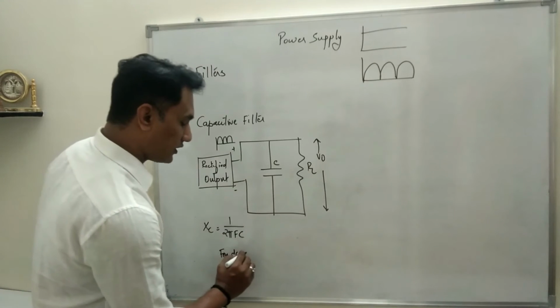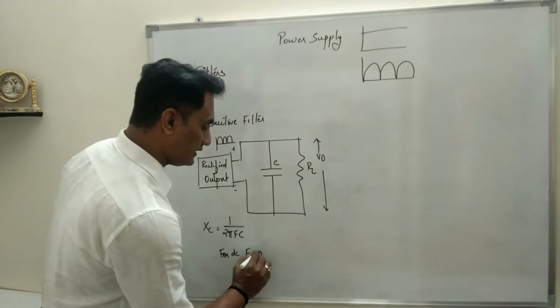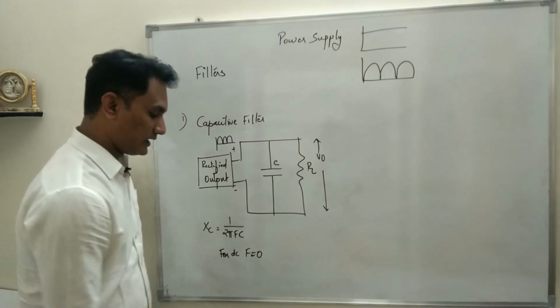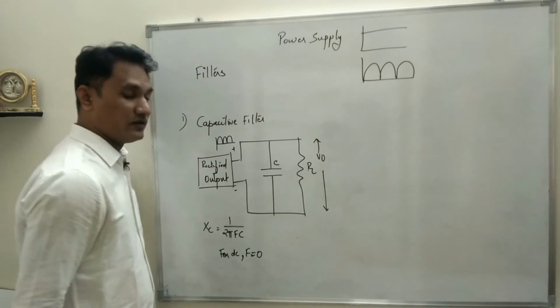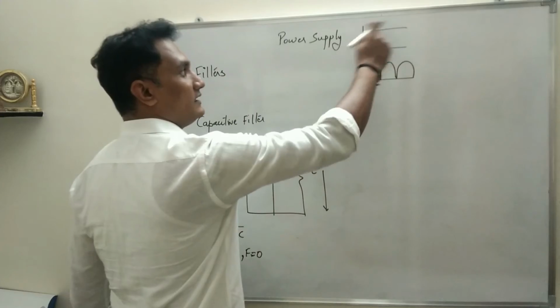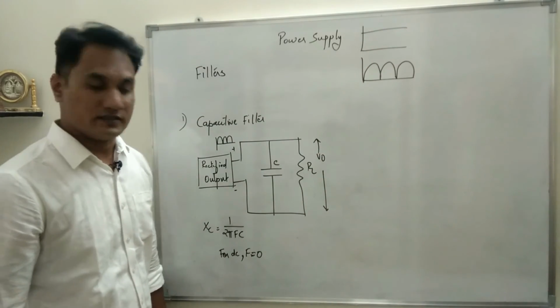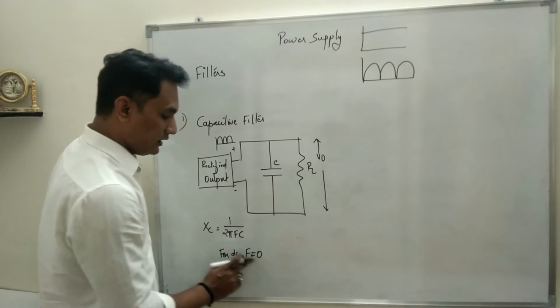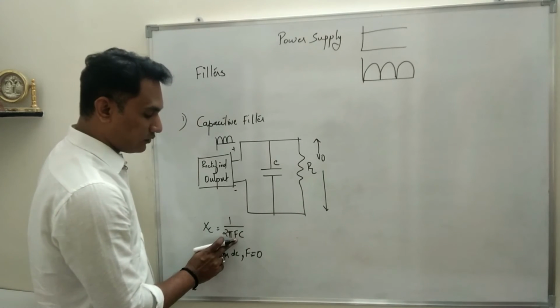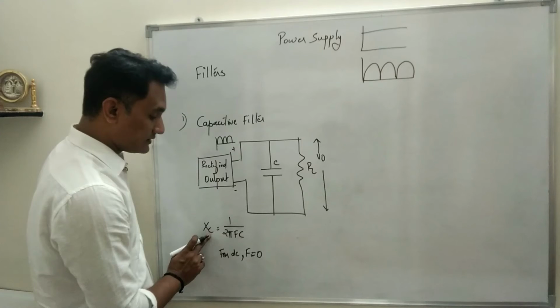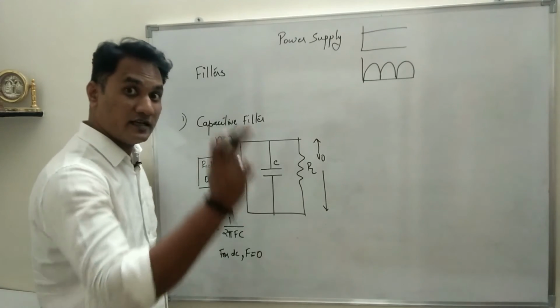So for DC, the frequency is 0. Of course, for a DC signal it will be a straight line, no alternating cycles will be there, so no frequency. If you substitute the value as 0, capacitive reactance, anything divided by 0, is infinite.